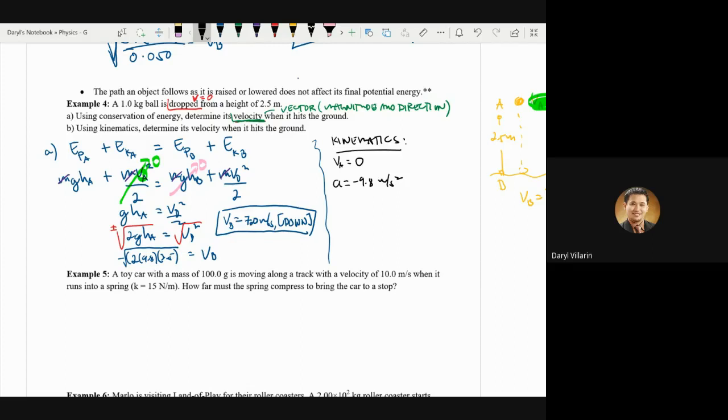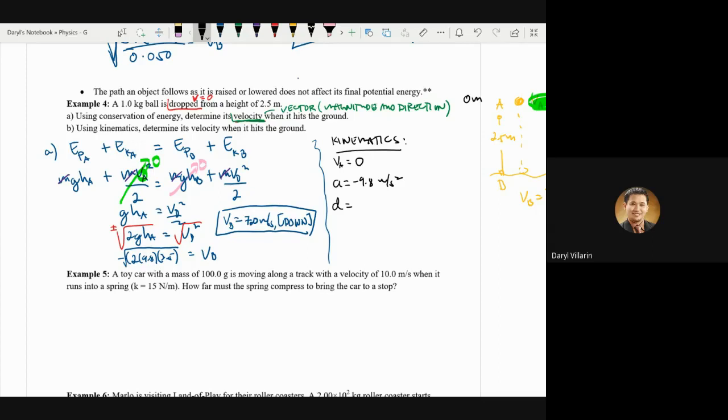And what else? We're given D, but what would be the displacement downward? Well, again, if we're going to use negative 9.8, that means that our starting position would be at A, and then downward of A, if this is your zero mark, 0 meter, so that would be your initial position.